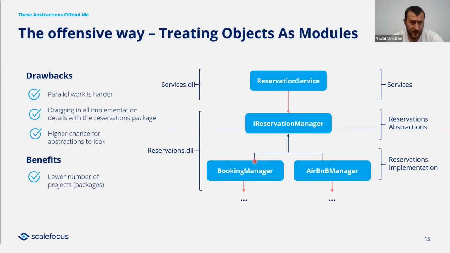What this makes harder, imagine a larger project where you have a separate team that has to maintain the booking manager, and another team that maintains your Airbnb manager. Those are large projects that require a lot of work. Those are separate teams, but if they work on the same project, they have to contribute to the same Git repository. Or even if it's just a single Git repository, they will have to push changes in the same place.